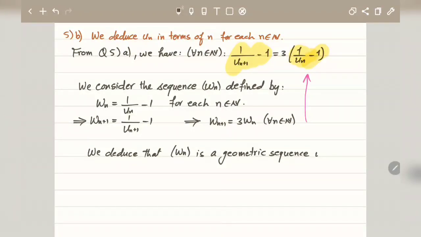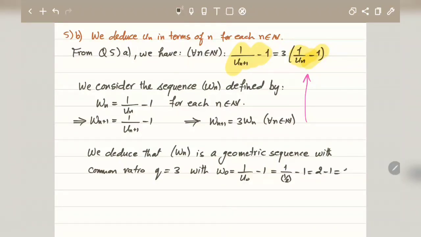What is the common ratio? The common ratio q equals 3. With first term w0 equals 1 over u0 minus 1, and here we have u0 equals 1/2, so 1 over 1/2 minus 1 equals 2 minus 1, which is 1.